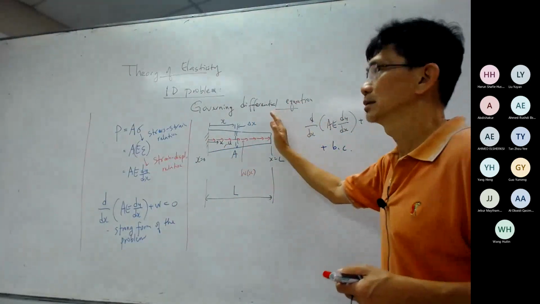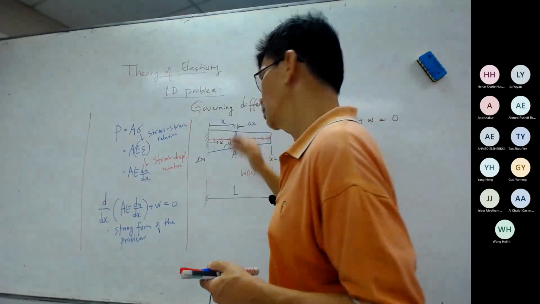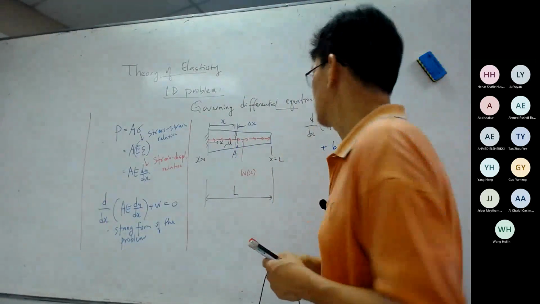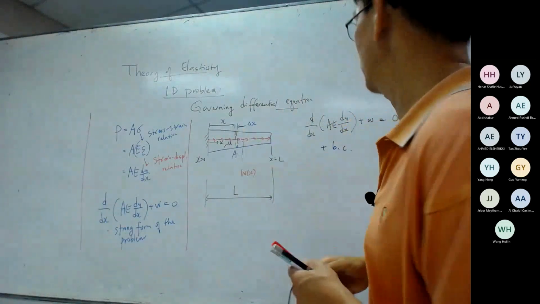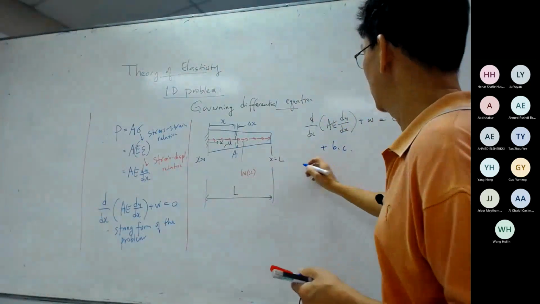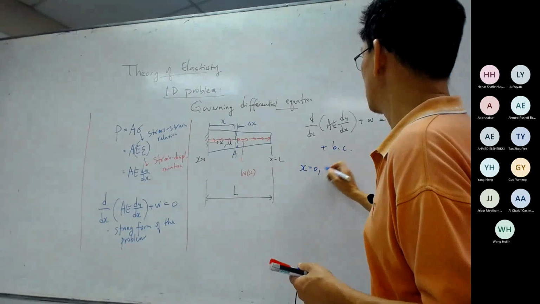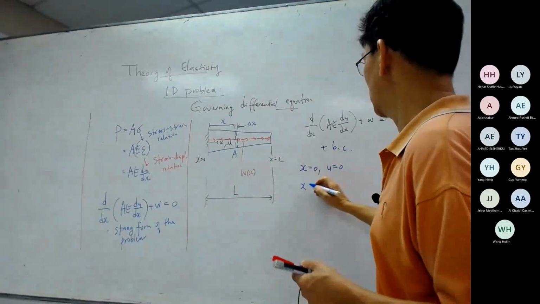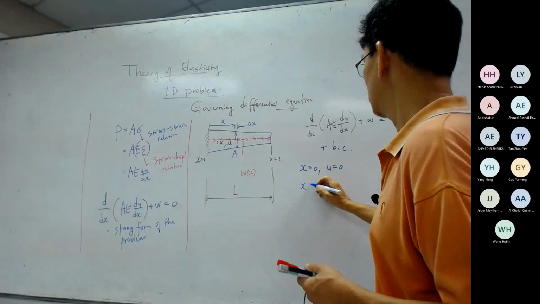If it is fixed, then the stress is non-zero, but we know the displacement is 0. Okay, so the combination. If I make use of this, then I have the boundary condition x equal to 0, u equal to 0. And if here x equal to 0, the stress is equal to 0.